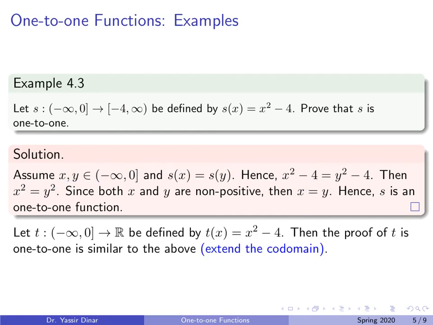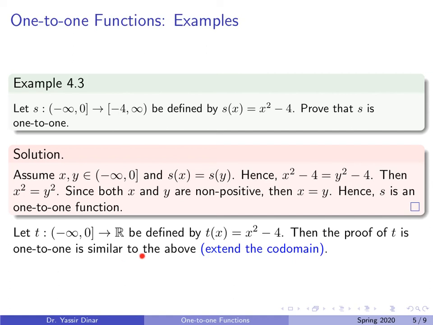So we know that if we define another function t from the interval minus infinity to 0 to the set of all real numbers by the same formula, t of x equals x squared minus 4, as we had in the first example, then the proof that t is one-to-one will be similar to this one.